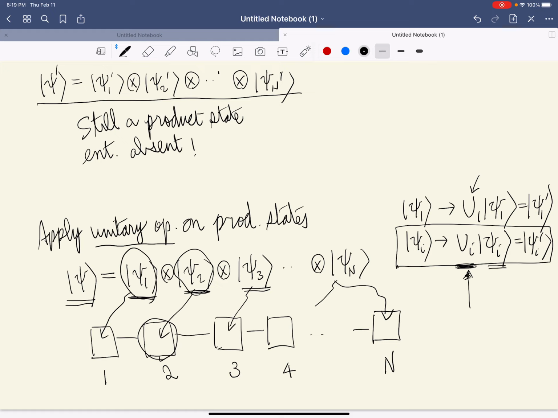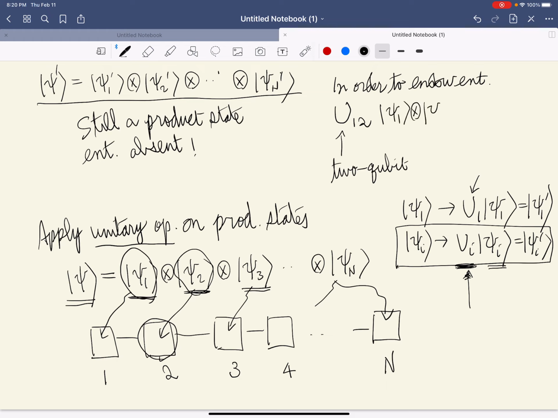So now in order to create or in order to endow entanglement, we probably have to use some sort of a 2-qubit operation, a 2-qubit operation acting simultaneously on this 2-qubit state.